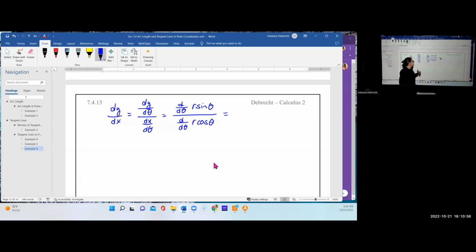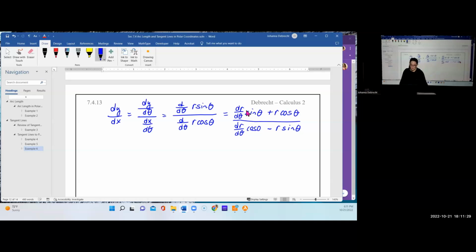This gives us dr/d theta sine theta plus r cosine theta, and in the denominator, dr/d theta cosine theta minus r sine theta.